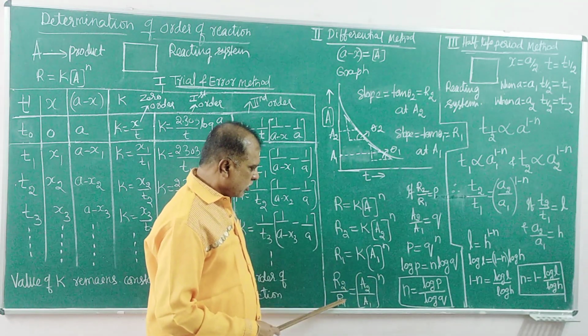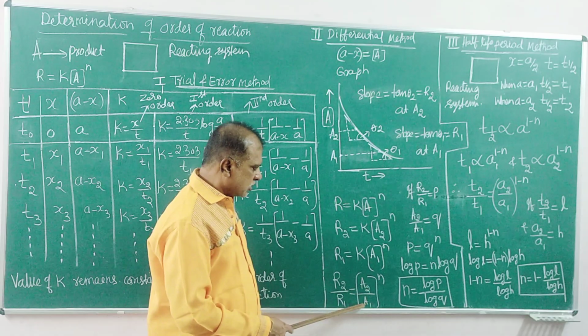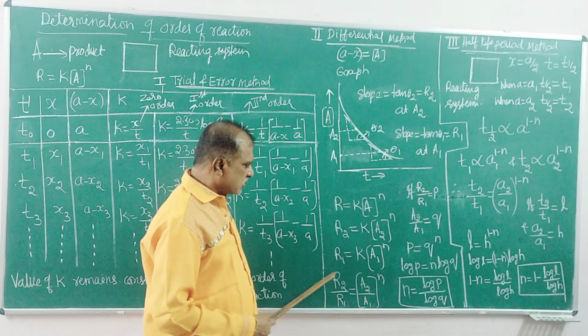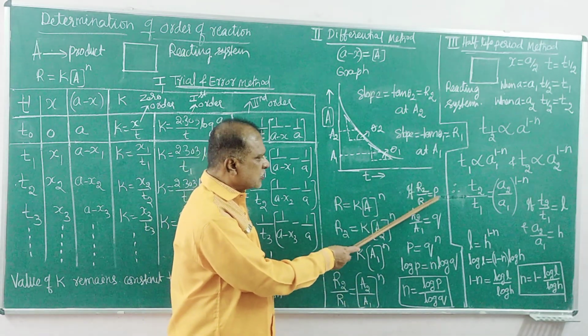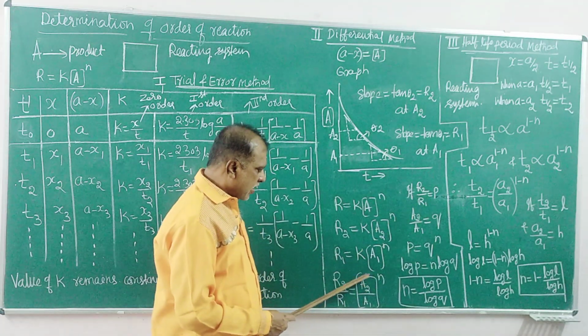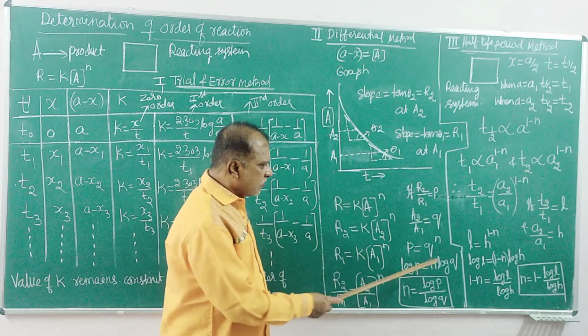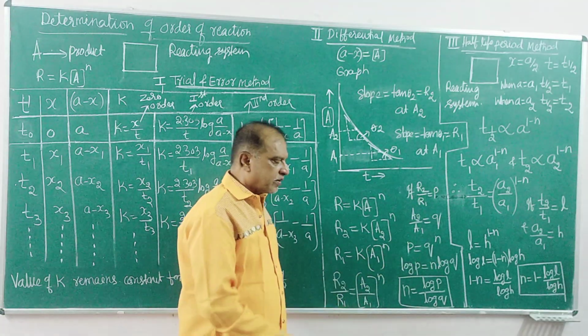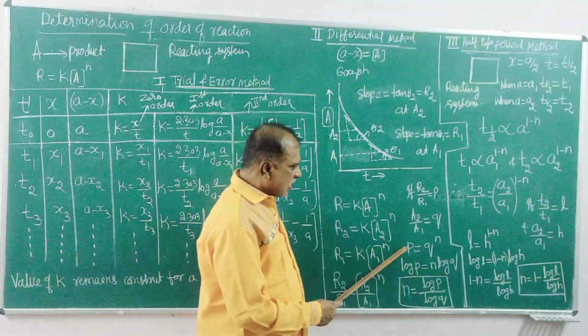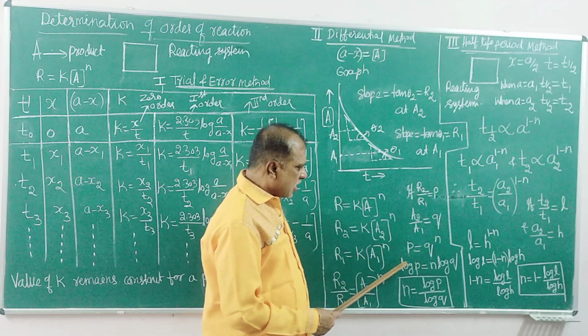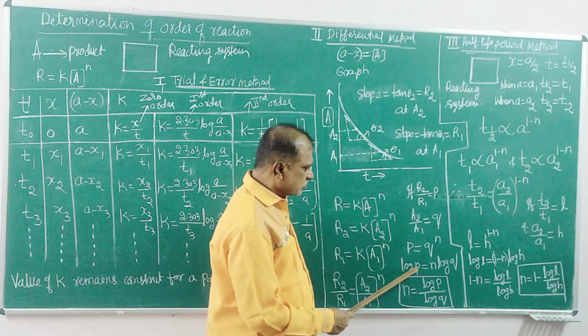Knowing these values, take the ratio as some value. If the value of this ratio is P, a known value, and the value of this ratio is Q, a known value, we can evaluate the value of n mathematically. Take log on both sides.